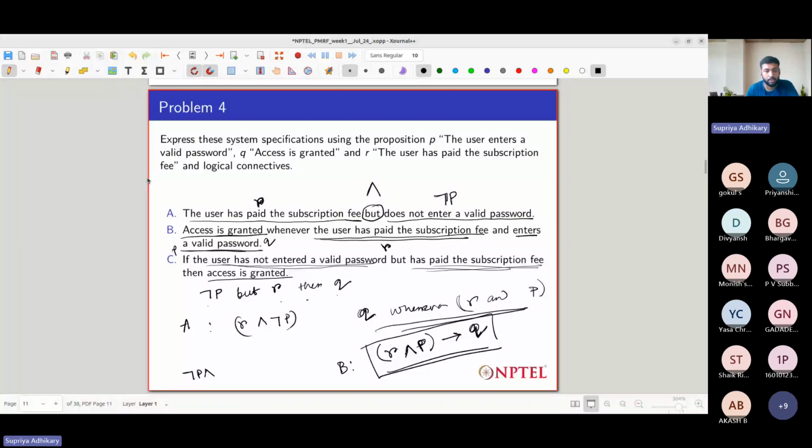So when both of these are true, then the conclusion should also follow. Therefore, this is our compound proposition C. So we can write A, B, C in terms of P, Q, and R.